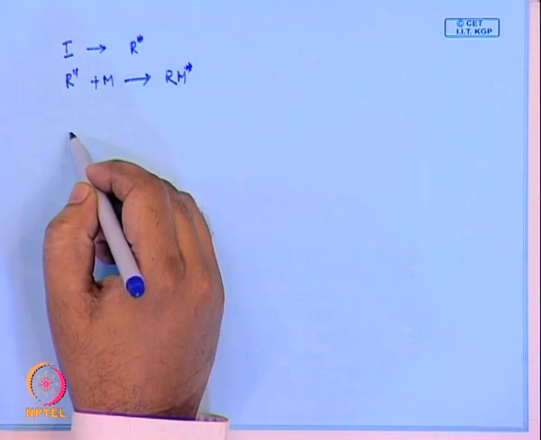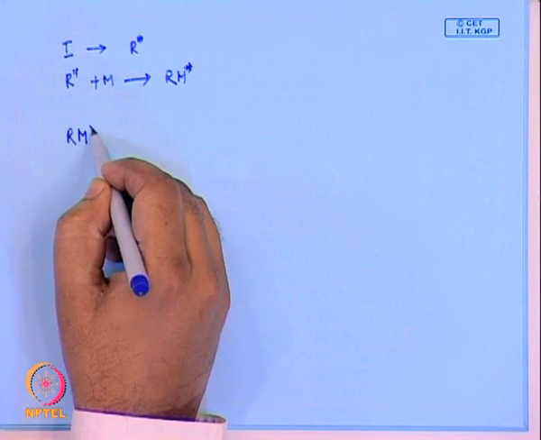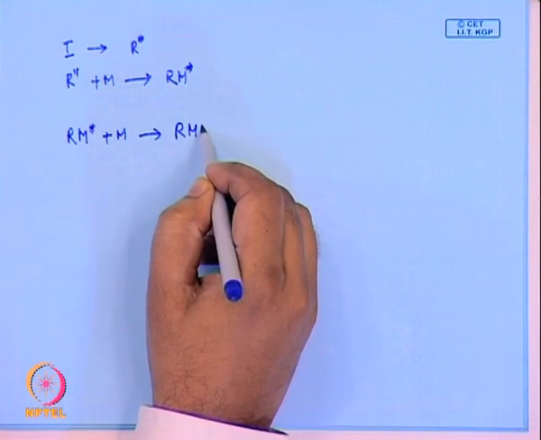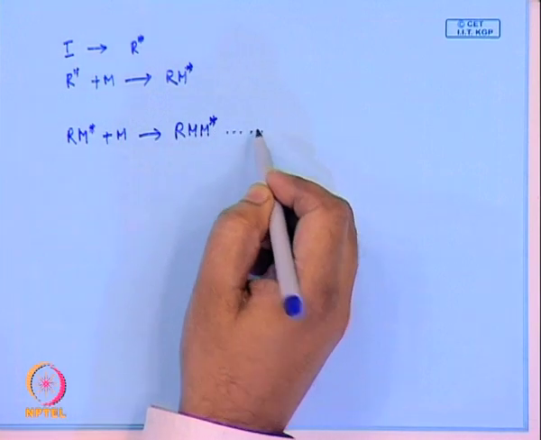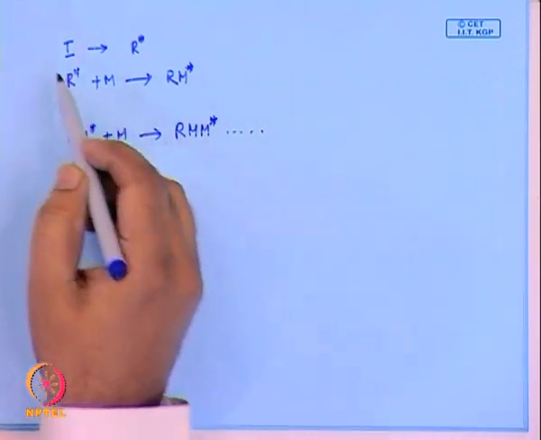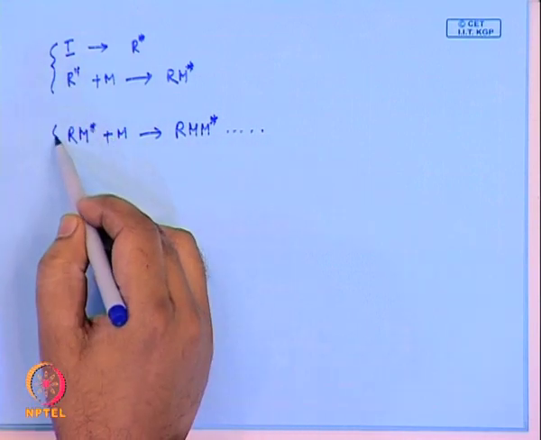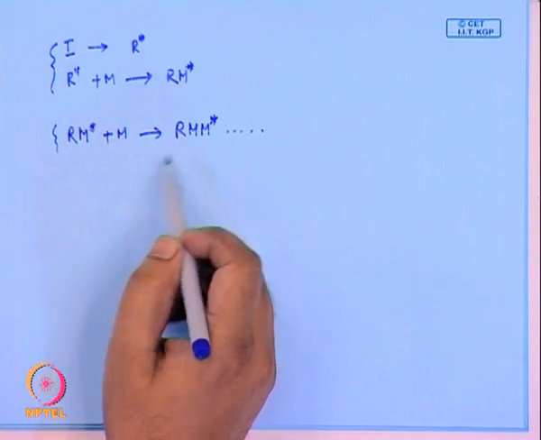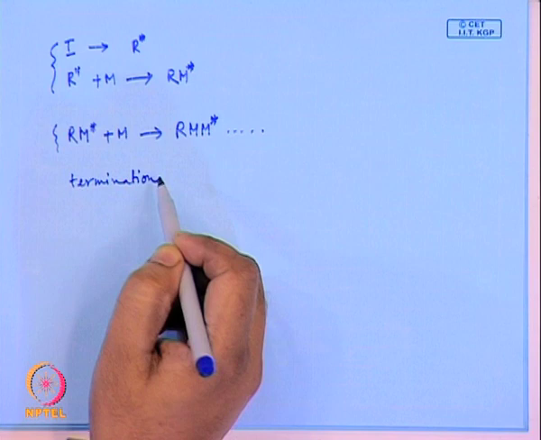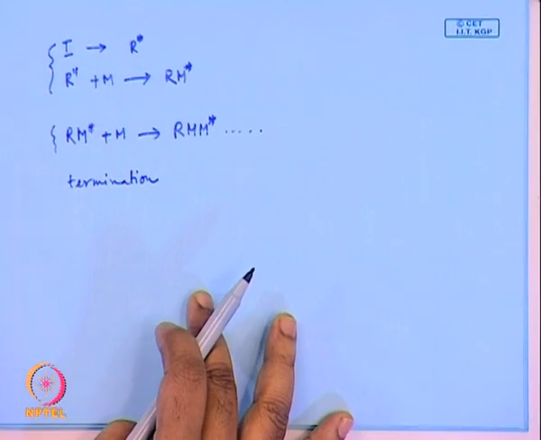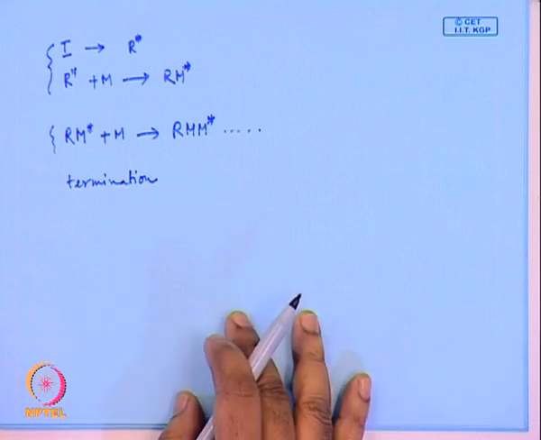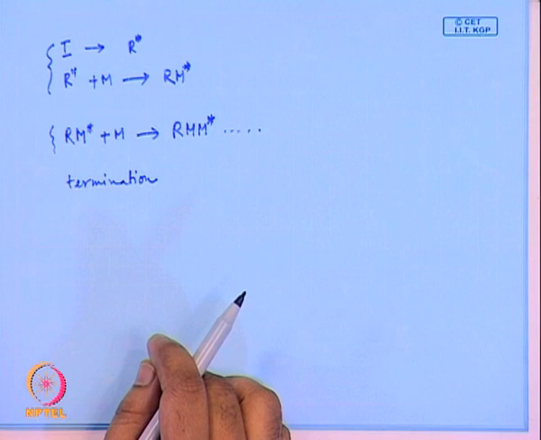This will initiate the chain by reacting with further monomers, forming an extended chain, and this will progress to make a complete polymer. So, this is part of the initiation step, this is the propagation step, and also we have the termination step. We also have another possible step, transfer reactions, which we will discuss when necessary.